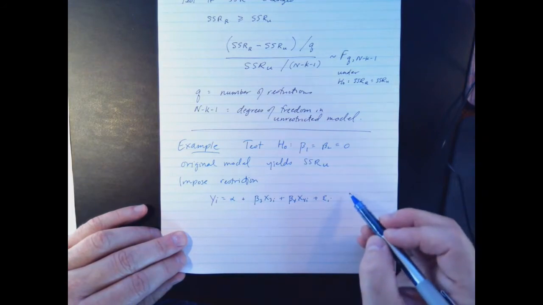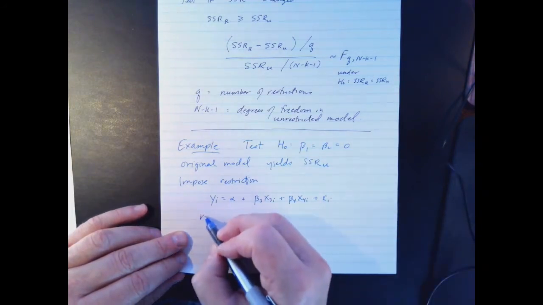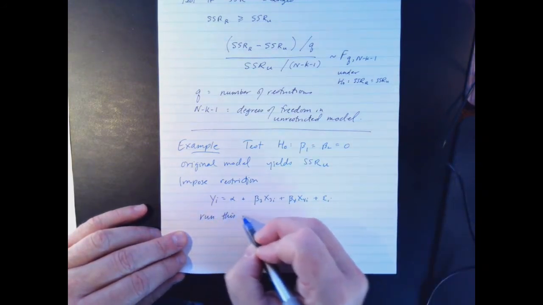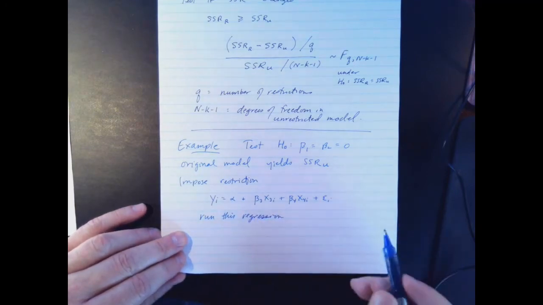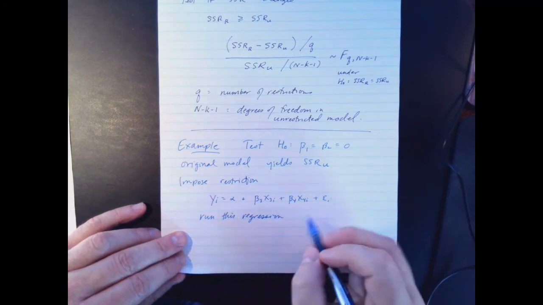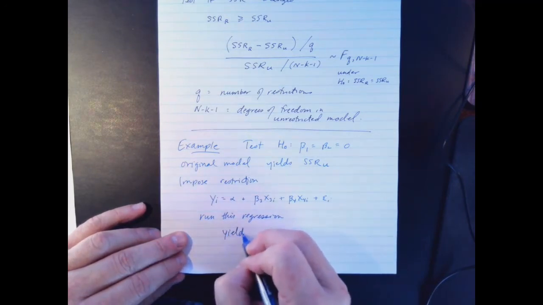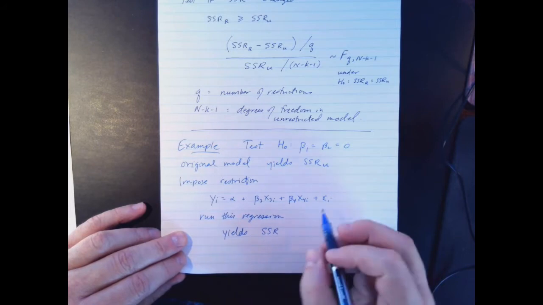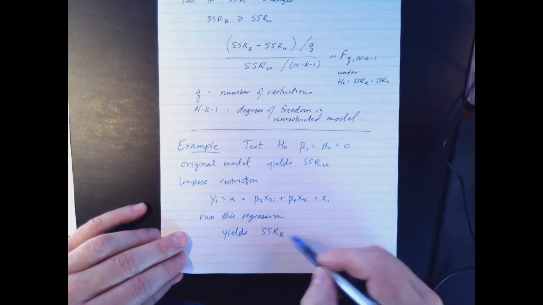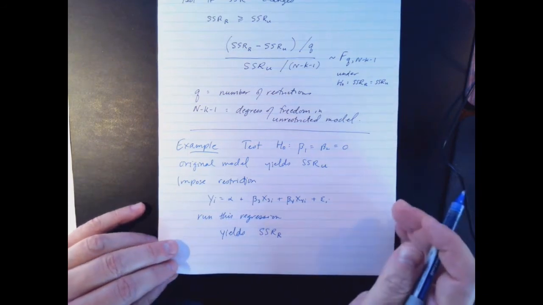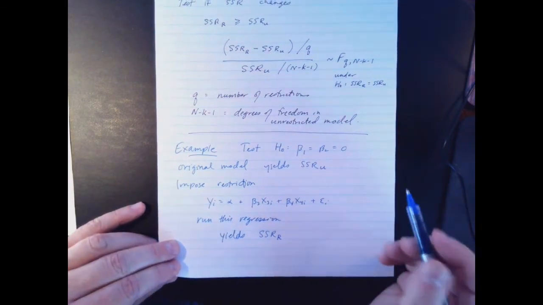So now you run this regression, and that yields the new sum of the squared residuals. And that's SSR subscript R for the restricted model.